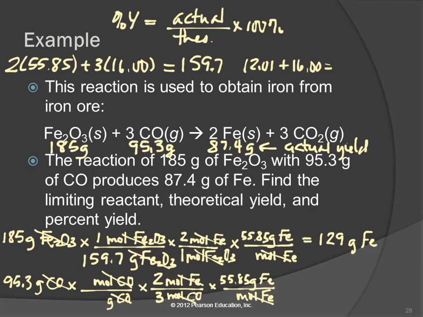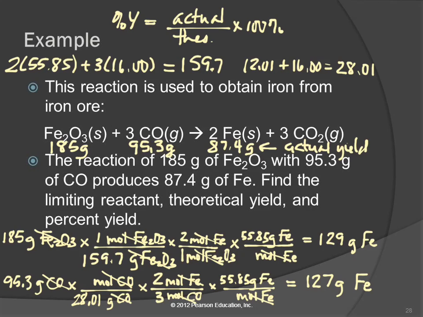And so that should end up being 28.01. 95.3 divided by 28.01 times 2 divided by 3 times 55.85 equals. For 3 sig figs, this rounds to 127 grams of iron.